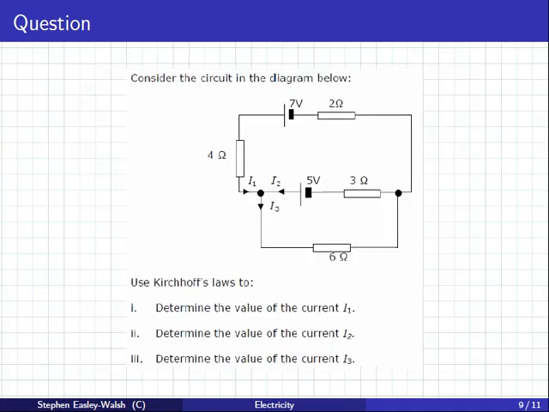Here is one I want you to try. First I'll have you draw it, and then I'll pick 3 of you to give me 3 equations.